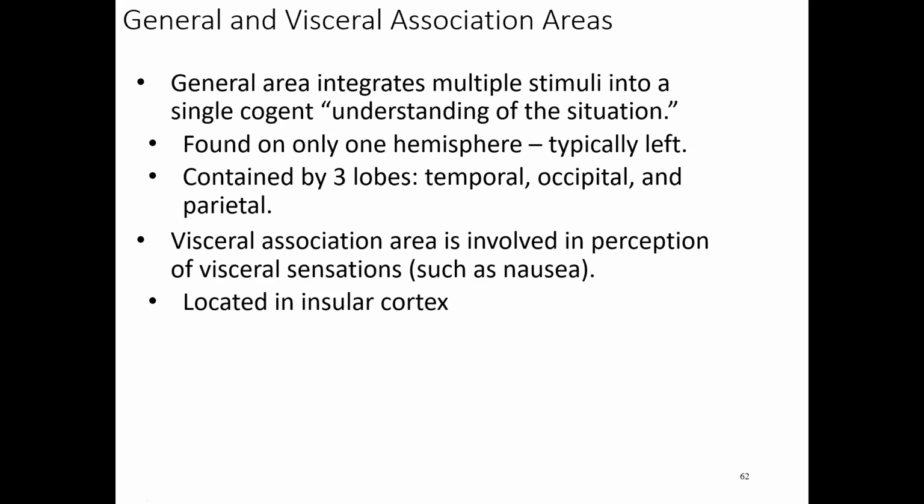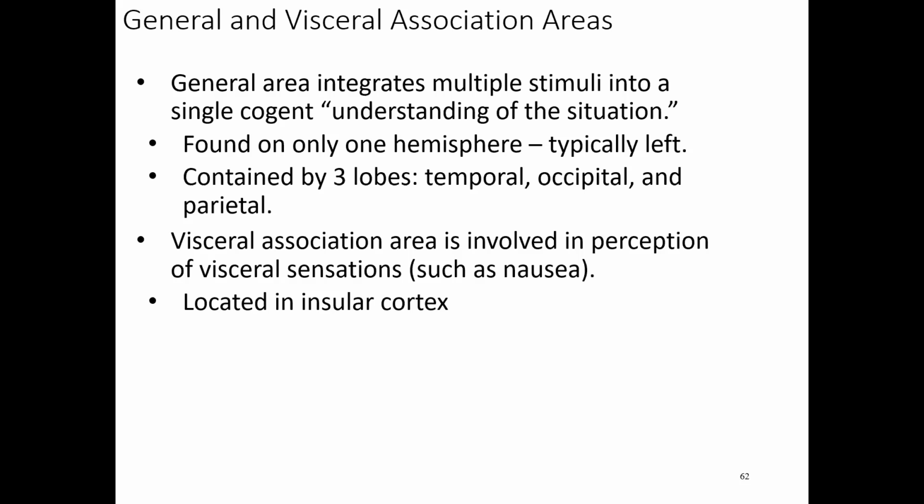So it takes into account visual input, auditory input, olfactory input, touch, temperature, pressure, and tells us exactly where we are at any given time and what we're doing. And that is the general association area.